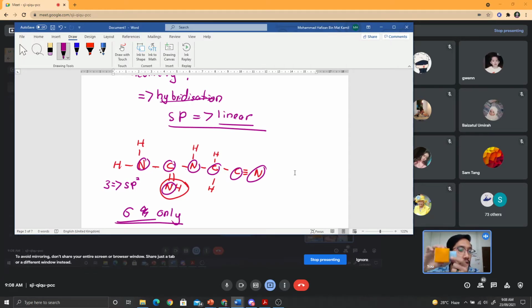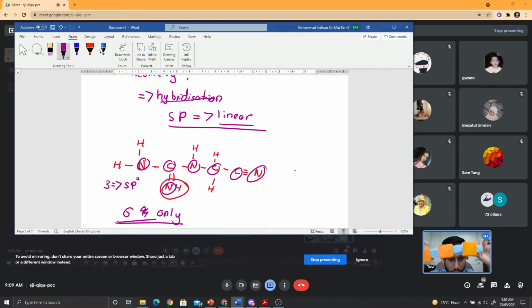Those yang kita tengok semua is the bonds yang I represent using this benang. So I jahit kan. So that is the bond. Okay. Untuk 4.4 kita akan belajar intermolecular forces. The forces between molecules and other molecules.